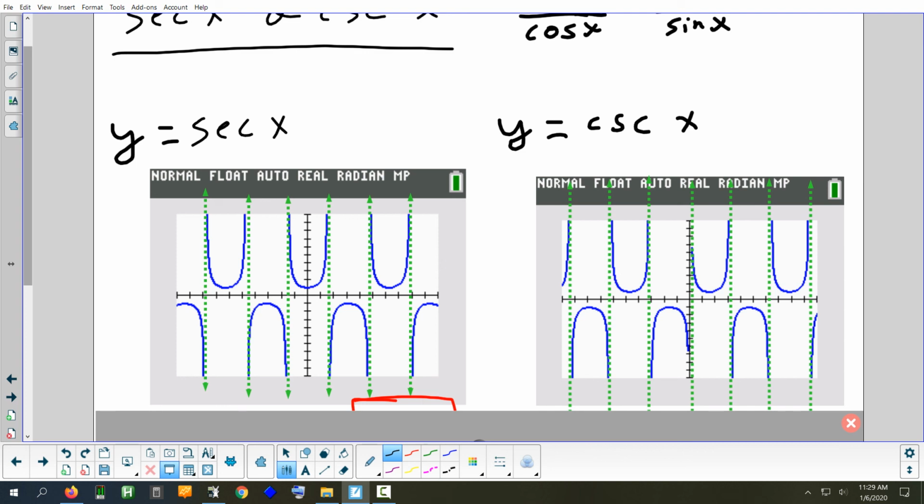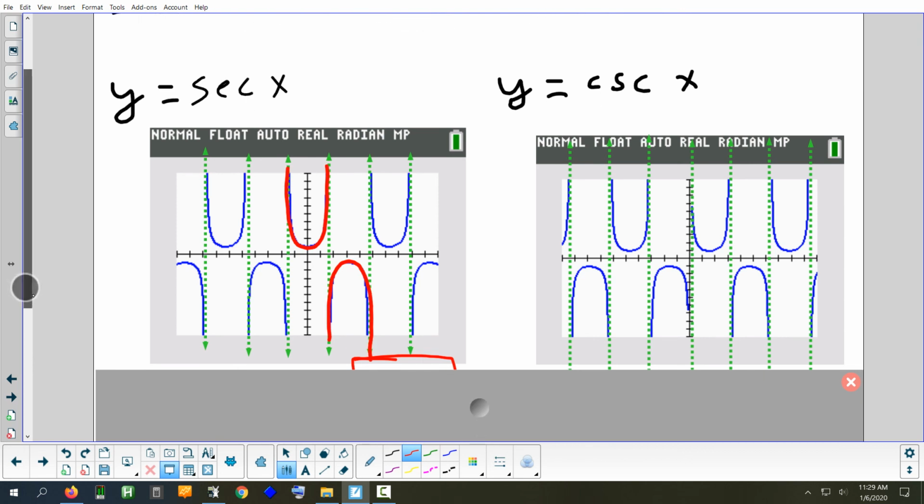So let me show you what one cycle would be considered. A full U shape and a full N shape. That is one cycle. So if I temporarily put a box on that, how many asymptotes do you have per cycle?